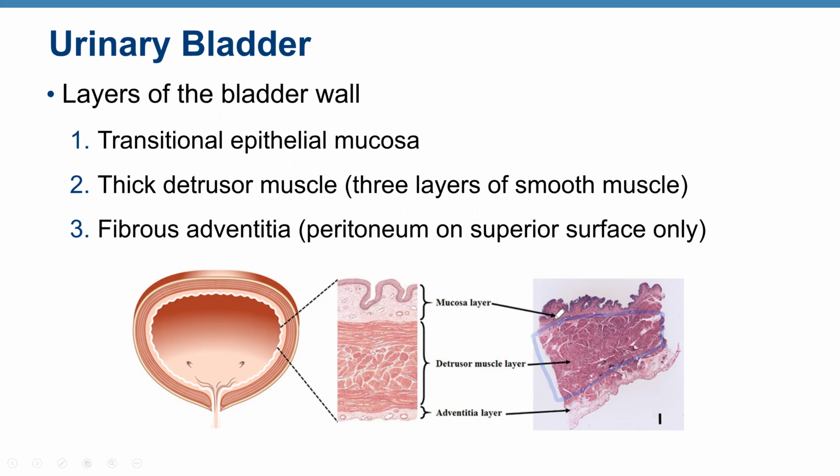And superficial is the adventitia, which is connective tissue. On the superior part, we have peritoneum, and on the lateral and inferior parts, we have adventitia. Remember, peritoneum is actually serosa, so that's a serous membrane.